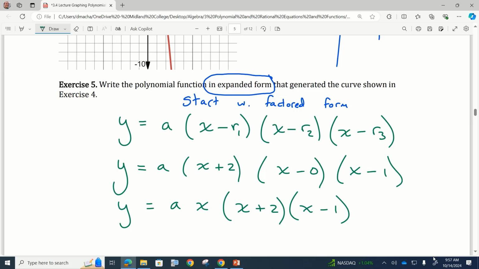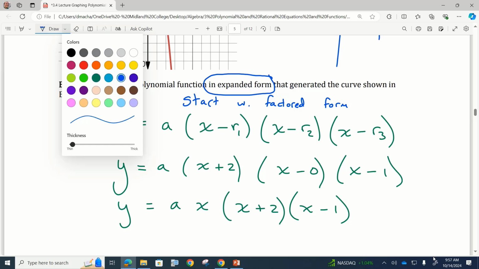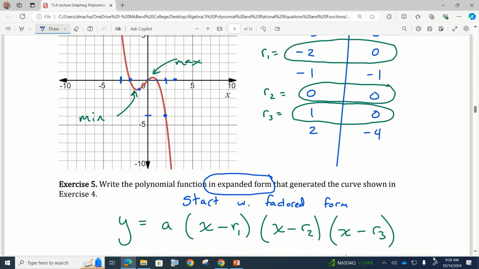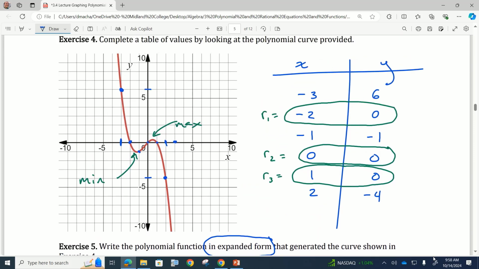I almost have this in factored form, except I don't know what my leading coefficient is. And we can find that leading coefficient by choosing any other point, as long as it's not a root. Let's go back to this table that I put together and pick one of the points.